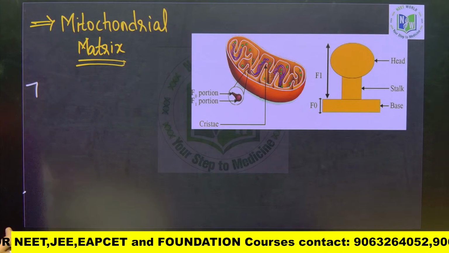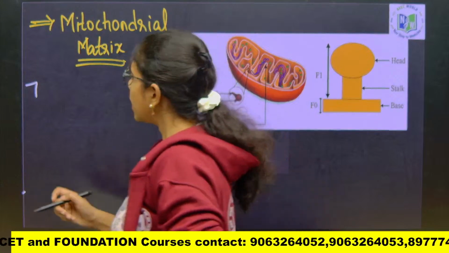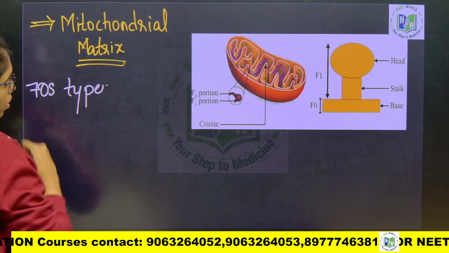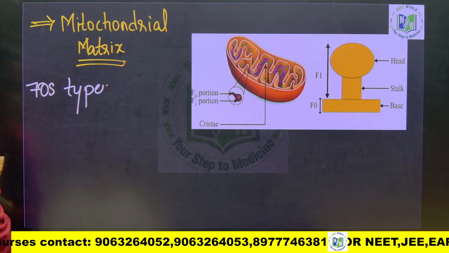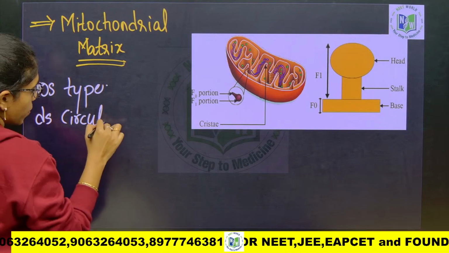In mitochondria and chloroplast, is it 70S or 80S? 70S, yes, it is 70S type of ribosomes. And DNA material: double stranded circular DNA is present.